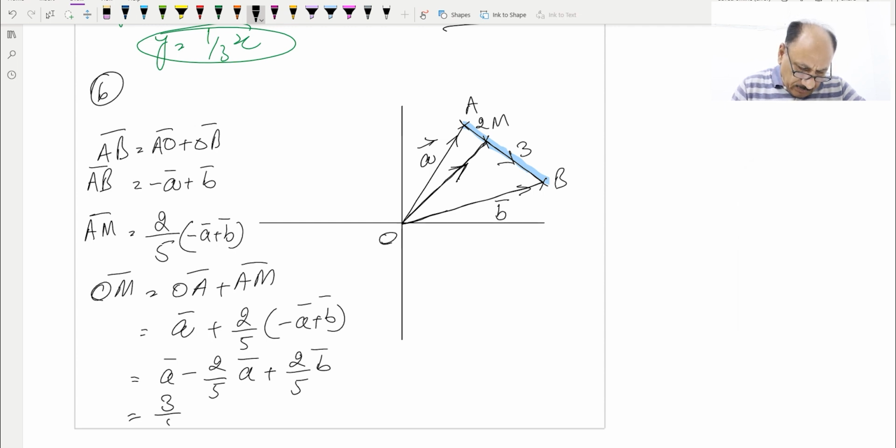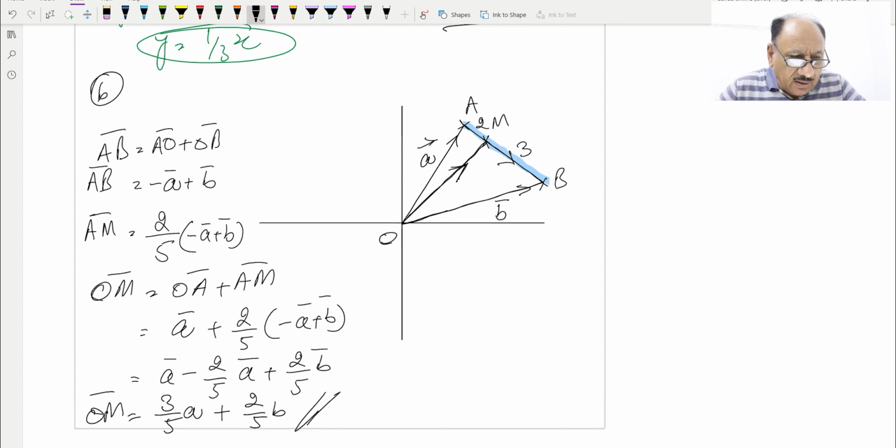So this will be 3 by 5 a plus 2 by 5 b, and this will be OM vector, which is required. And this is also a very important question which we have solved.